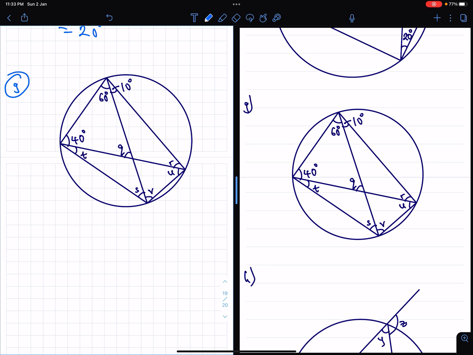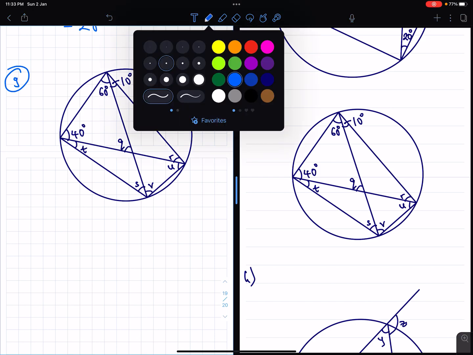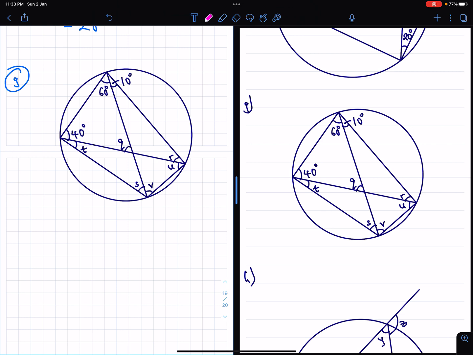Now here, 40 plus T. No, there should be same segment angles here, and I can already see them. If we look at this purple chord, these two lengths form a triangle with that chord, and these two lengths also form a triangle with the chord.